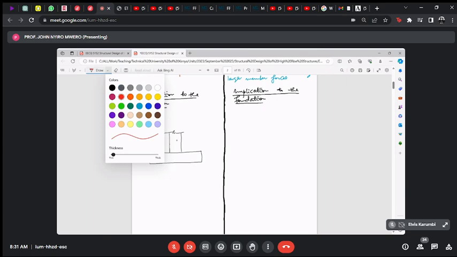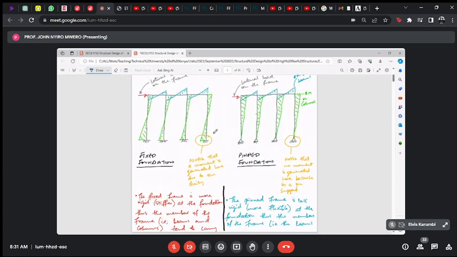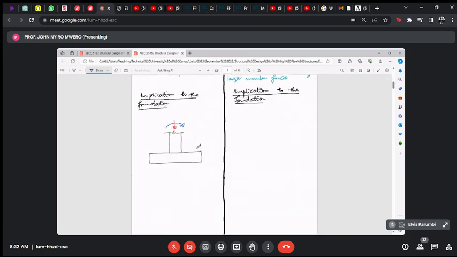That column is carrying an axial load, and a bending moment, either applied on the column or due to the eccentricity of the column to the foundation. In this case we are just transferring a bending moment from the column. We have a column that has an axial load and it's also bending. So that's the situation that we have.